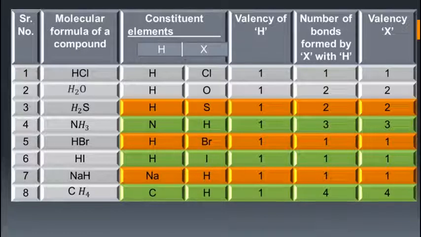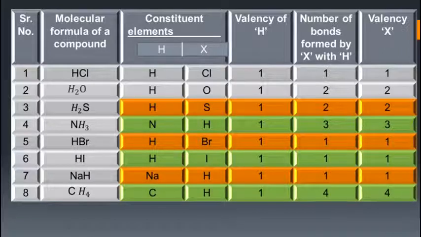Now next is ammonia. The molecular formula is NH3. The constituent elements will be N and H. The valency of hydrogen will be 1 and the number of bonds formed by nitrogen with hydrogen will be 3. Now students, sorry for the mistake: here I have written N in the constituent element column instead of H, and H under X instead of N. So sorry for the mistake.